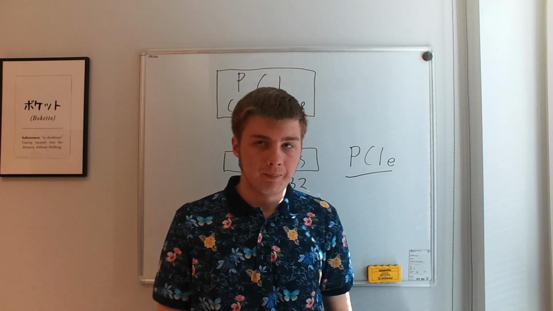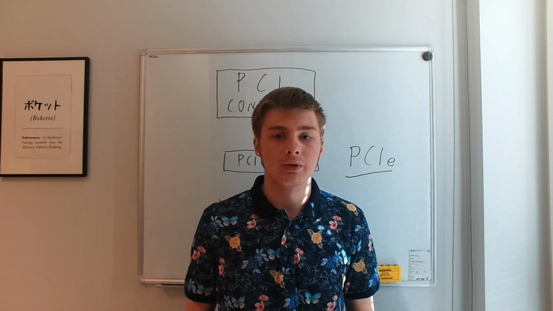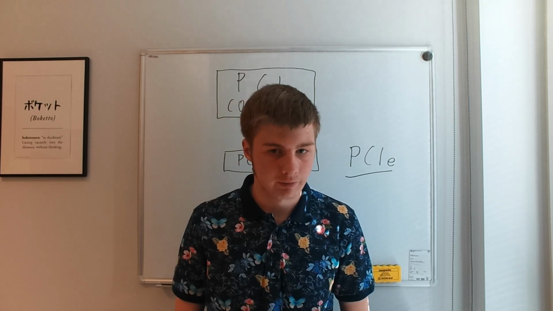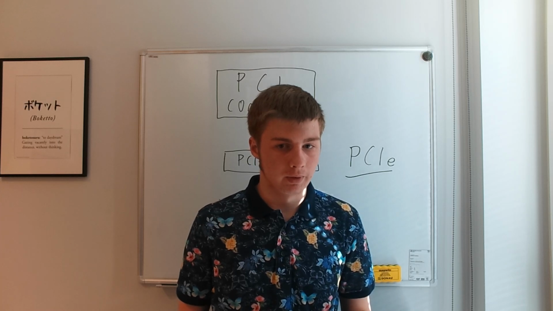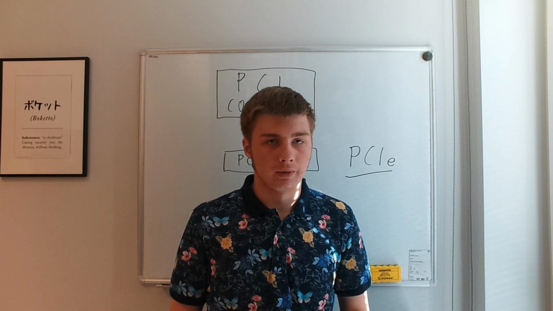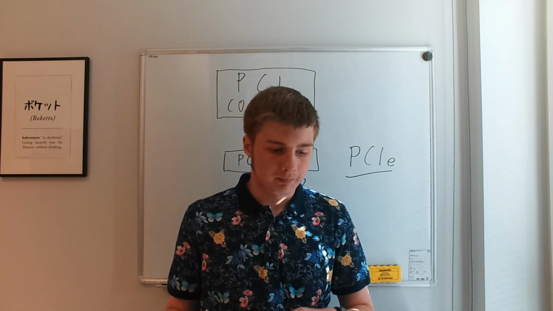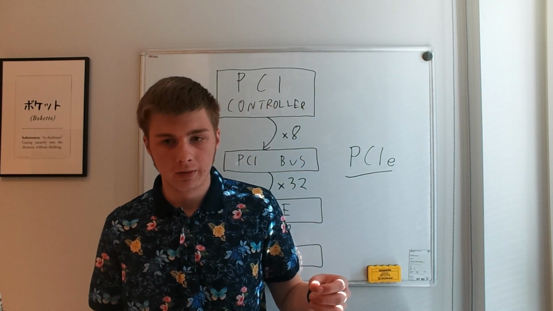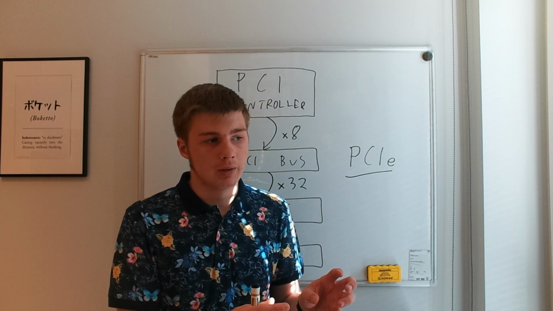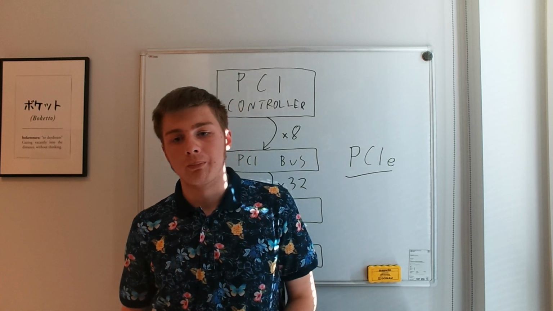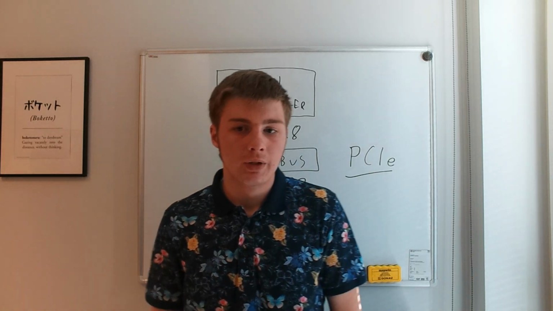For example, there used to be another parallel bus called the AGP, or the Accelerated Graphics Port. Many of the viewers will probably also remember that back in the day, you had a graphics card or a video card, and you would have to place it into the AGP parallel bus. But that's not something you do nowadays.